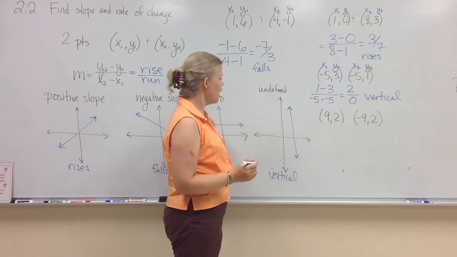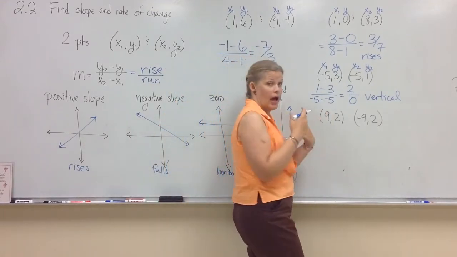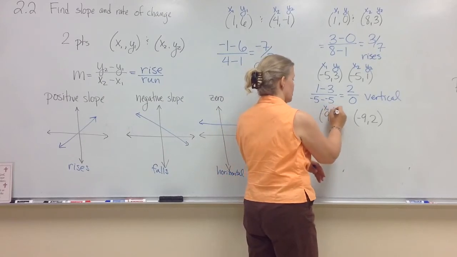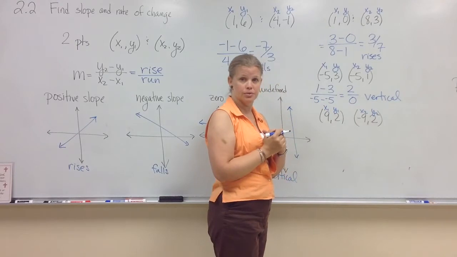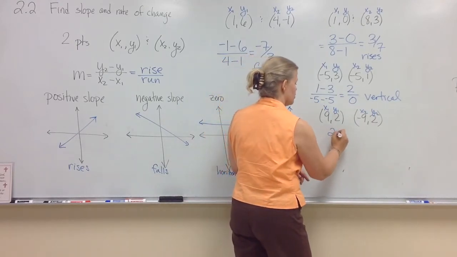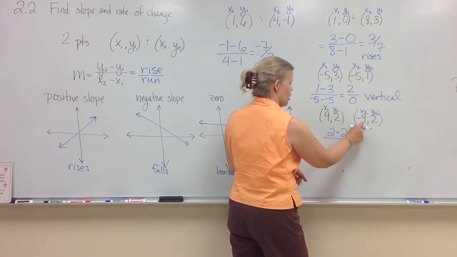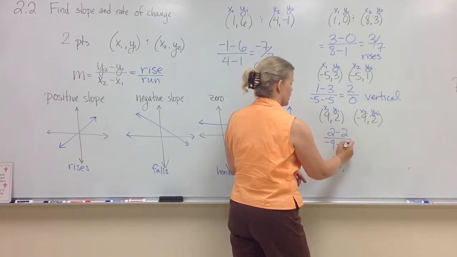Okay? Let's go ahead and do this one. I'd still label. You've got X1, Y1, X2, and Y2. Okay? And next we need to plug them in. So 2 minus 2 all over -9 minus 9.